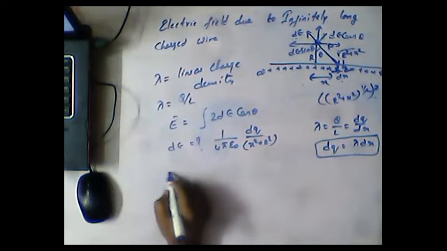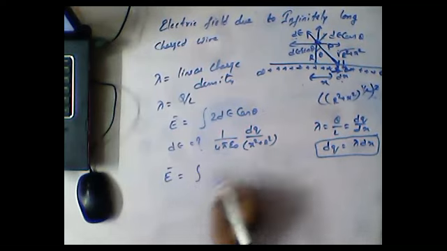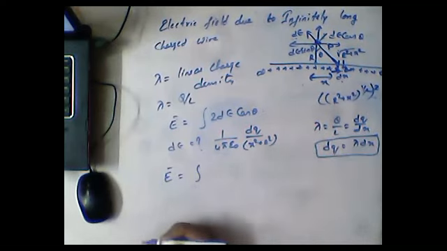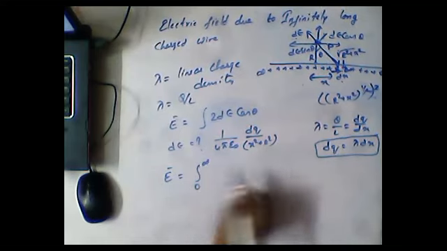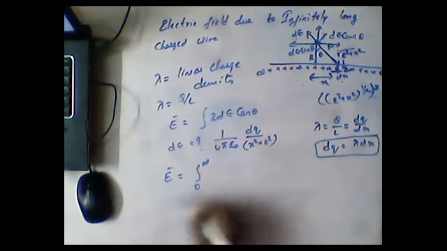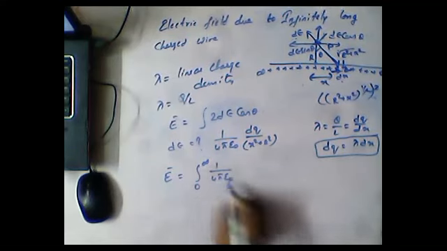So we can write here electric field vector is equal to, so what are the limits, guys? 0 to infinity. Limits are 0 to infinity, and here we are having 1 by 4 pi epsilon.